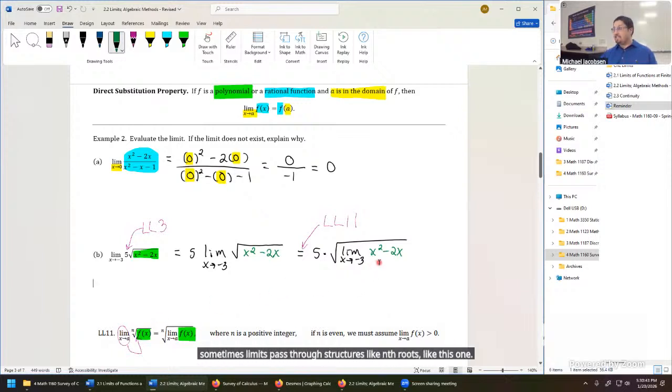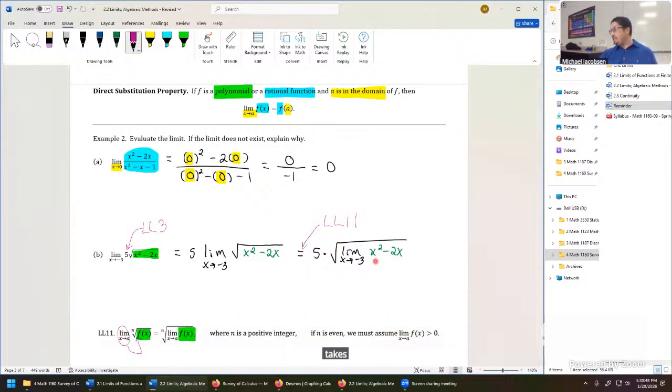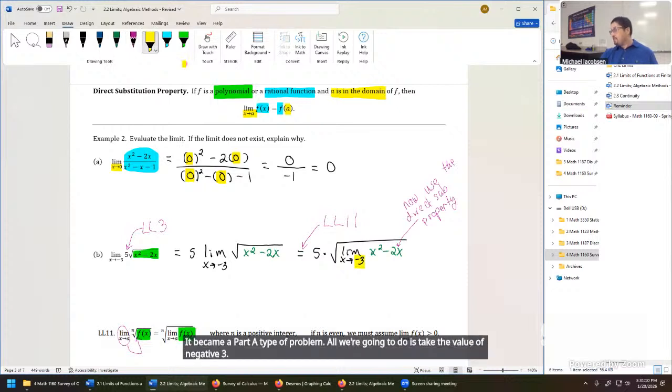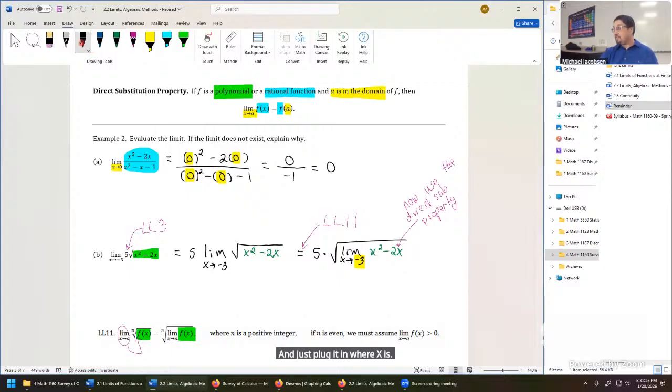But once you've done that, here's where the direct substitution property takes hold, right here. Let's make a note here. Now, use the direct substitution property. It became a part A type of problem. All we're going to do is take the value of -3 and just plug it in where x is, here and here.